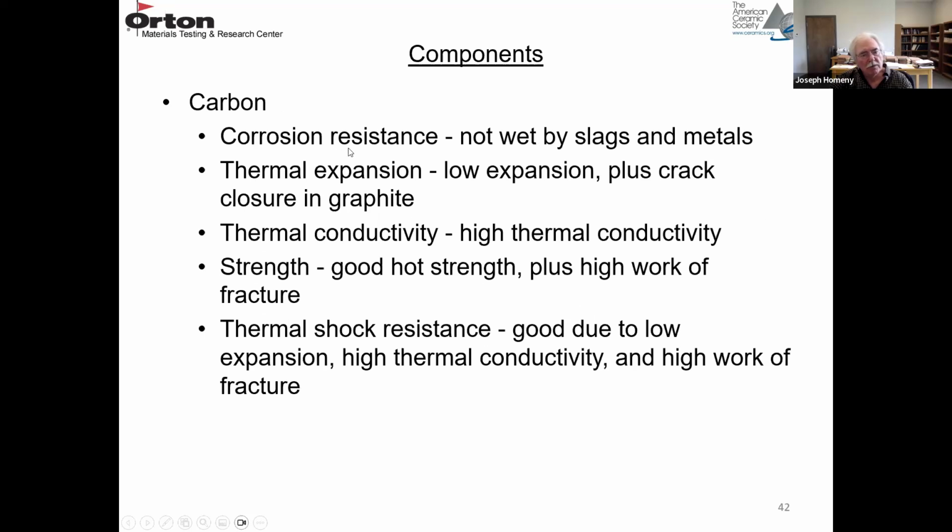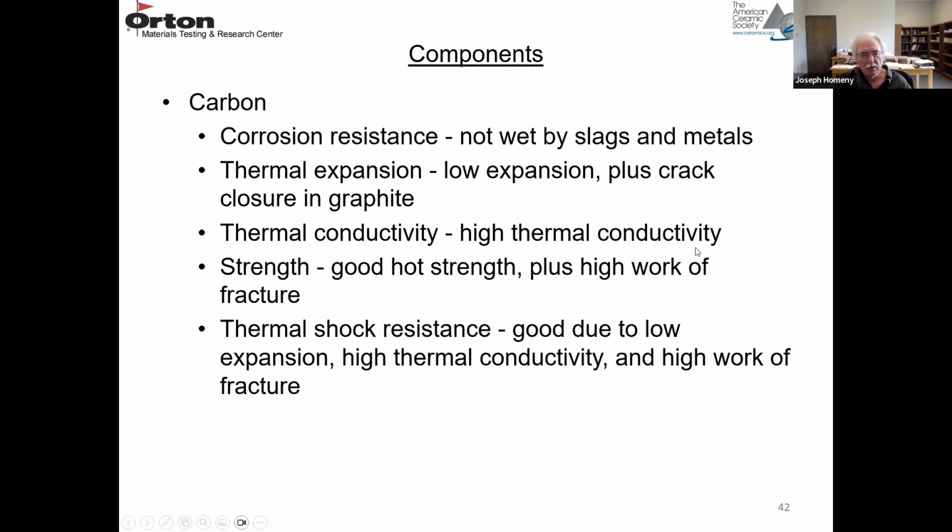The carbon is there to provide corrosion resistance. Slags and metals do not wet carbon very well. It has low thermal expansion. I showed the graph of thermal expansion versus temperature. Graphite is anisotropic, so it develops microcracks. These cracks close when the material is heated. That actually lowers the thermal expansion.